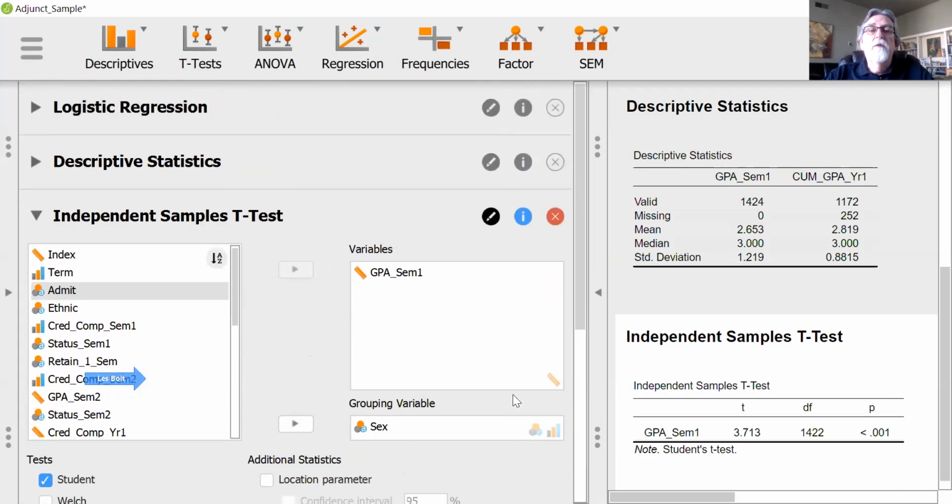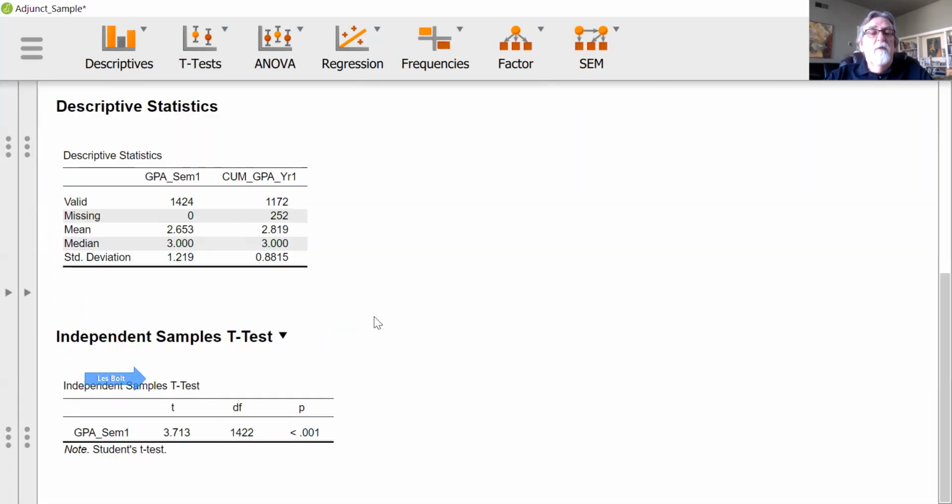If we go over to the next panel, we'll see the GPA for semester 1, the t-test value, degrees of freedom, and the significance level. As always, the significance level is our starting point. If it's less than 0.05, that means there is a significant difference between genders.